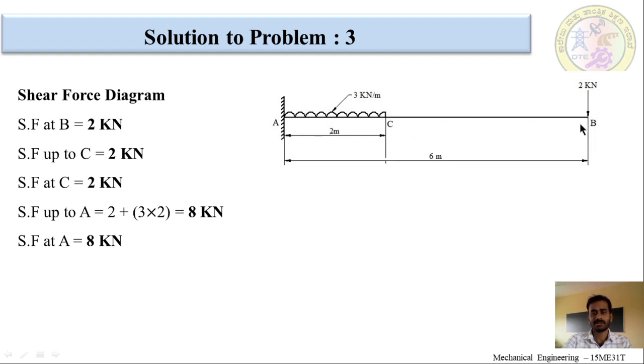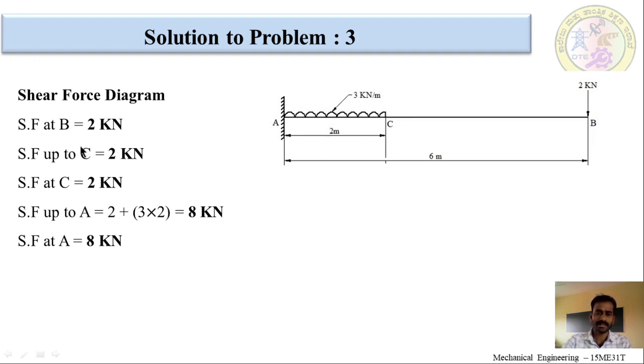On the beam we have marked 3 points: A as the fixed end, B as the free end which carries a point load, and up to C it carries a uniformly distributed load. So, we will calculate the shear force value from right to left.